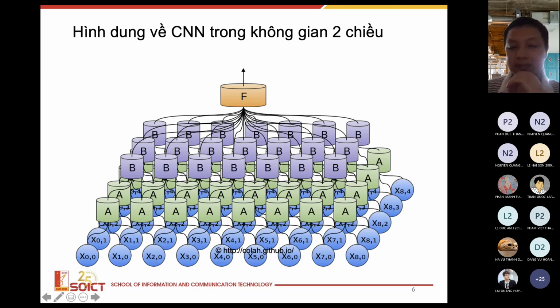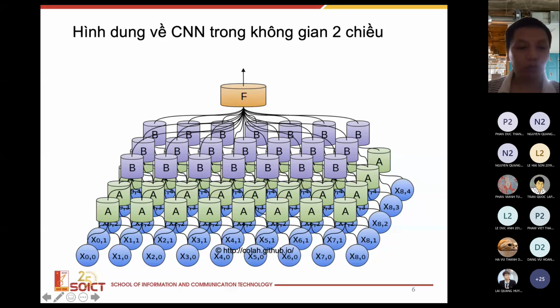Take a look at this figure. We can see here a CNN working on two-dimensional data. In the bottom layer, we have the input, which is a two-dimensional matrix.